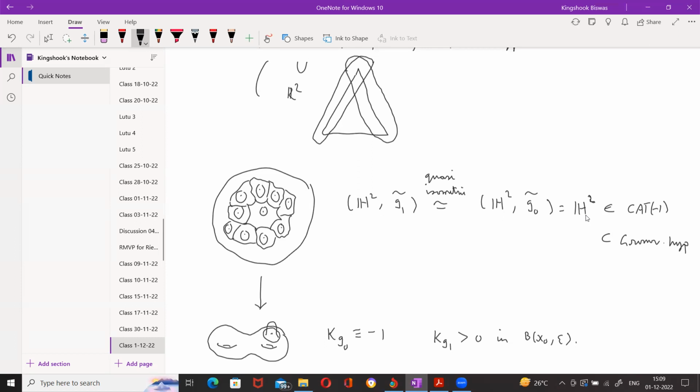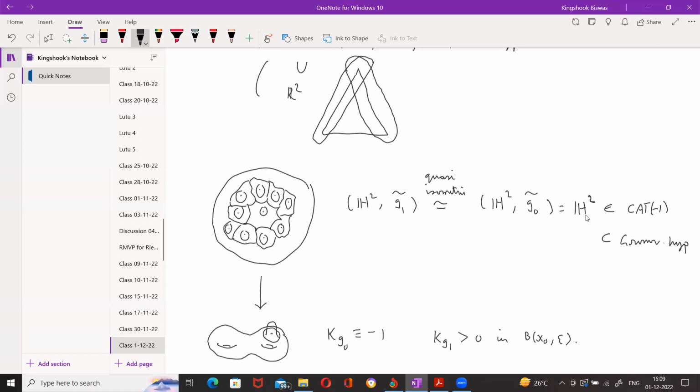And what one can show is that quasi-isometry preserves the class of Gromov hyperbolic spaces. So if a space is quasi-isometric to a Gromov hyperbolic space, then it is also Gromov hyperbolic.